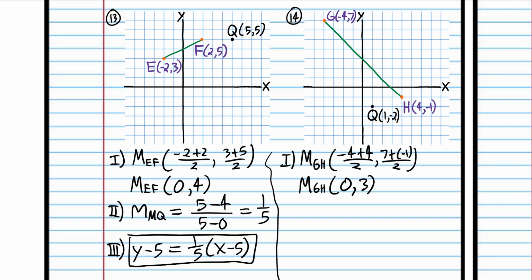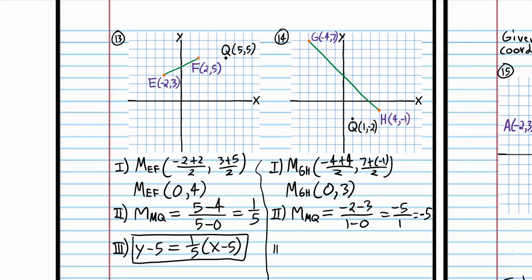So 0, 3. And step 2, we're going to find the slope containing the midpoint and Q. So using Q as the second point, we have negative 2 minus 3 over 1 minus 0. And so we have negative 5 over 1, which is just negative 5.